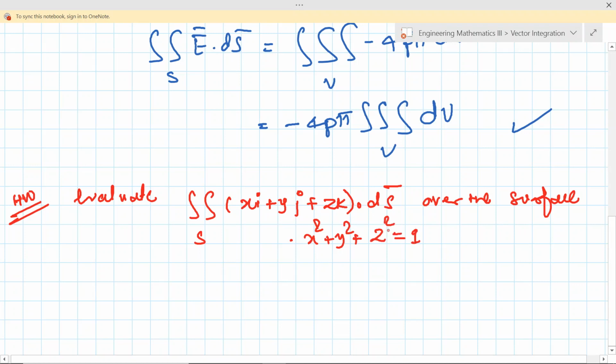So this is the same as the first example that we have seen. Over there it was a sphere of radius 2. Here we have a sphere of radius 1. That is the only change, and r bar is the same. R bar is nothing but xi plus yj plus zk. So it is the same example; just try to solve it, and you'll definitely get the answer. There are some difficult examples also based on spheres and so on.